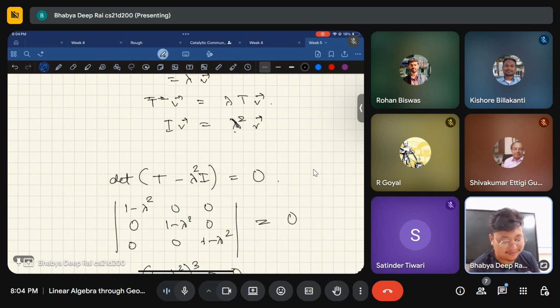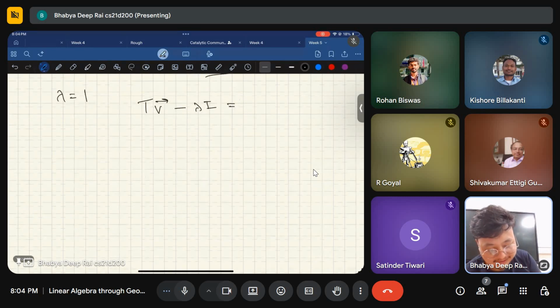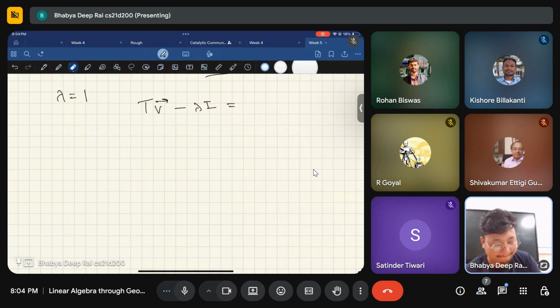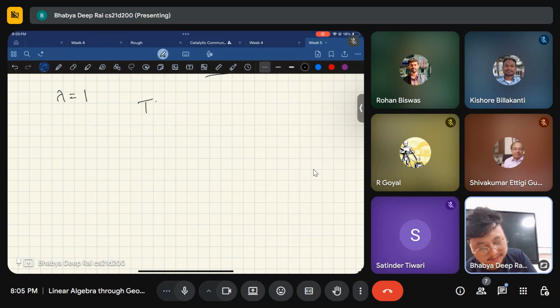I'll also do it parallelly. This should be X, Y, Z, or V1, V2, V3, let's say.